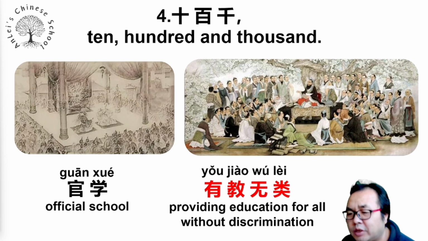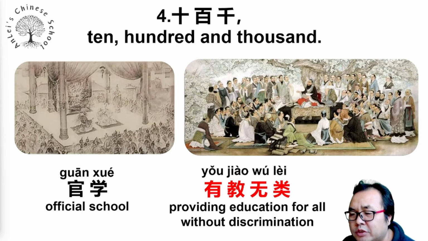Around the age of 30, Confucius began to break this tradition by recruiting disciples and giving lectures, restarting the trend of private teaching. 有教无类, with the educational concept of providing education for all without discrimination. He widely accepted disciples, and regardless of their origins, whether noble or humble, they could all receive his teachings.